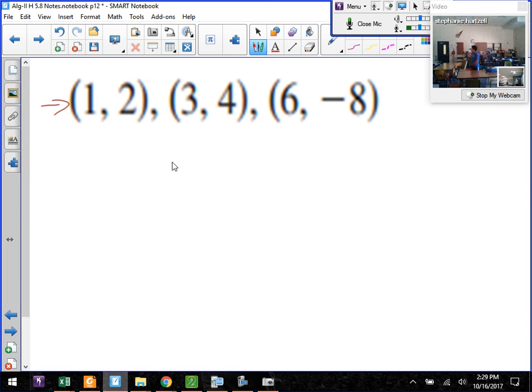Does that make sense? So wait, this is not solvable. What's that? 0, 4 would be your y-intercept, which would automatically make it the c value. So you don't have to solve for two equations.